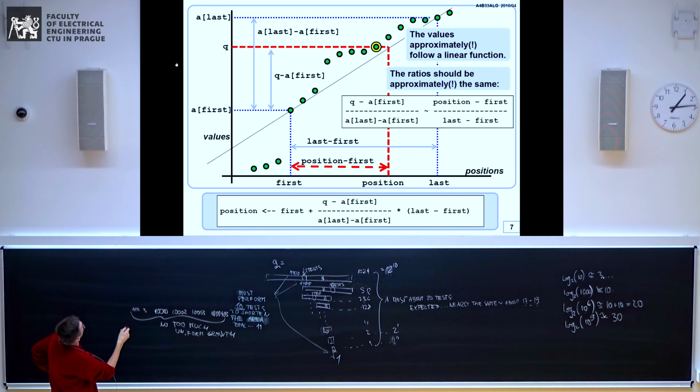You say, well, if we know the value of the last element we are talking about, we know the value of the first element in the segment we are studying. So if we know those values, then we can compute this difference and this difference, because the value of the query is what we are looking for.